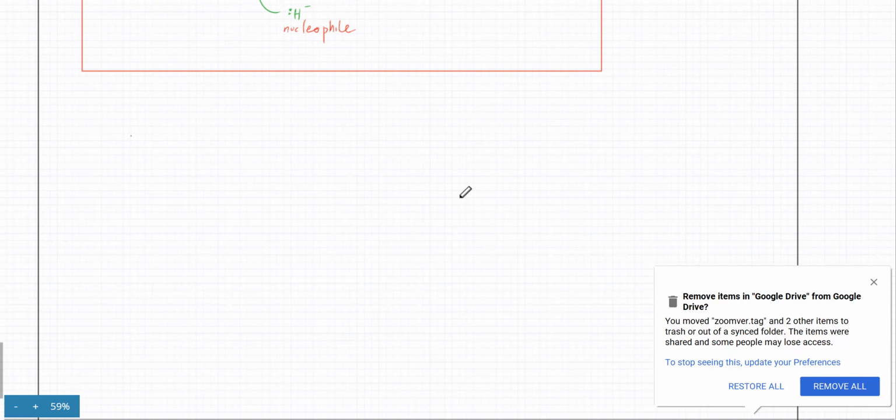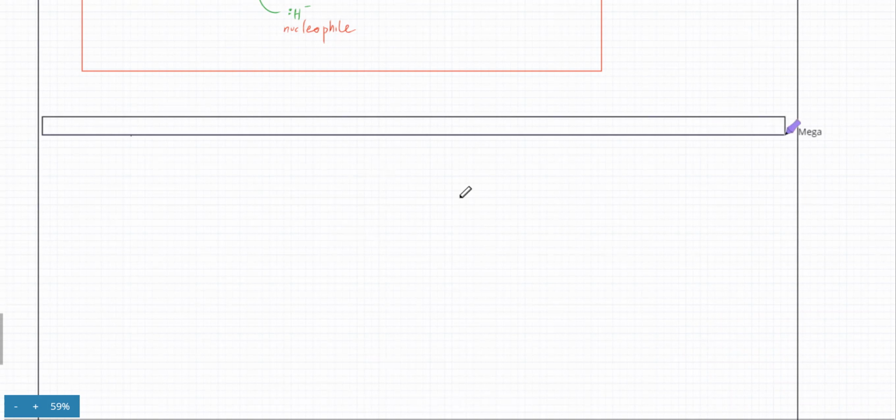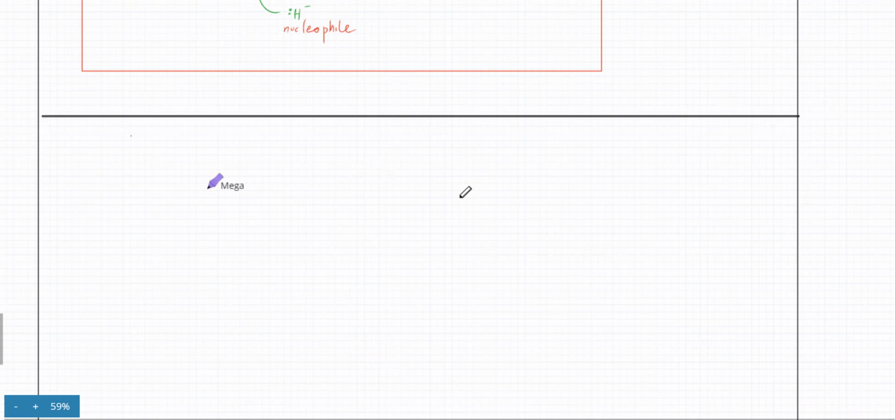Okay, alcohols are very weak, terrible acids, but they are acidic. They are capable of releasing H plus 1 ions. So alcohols are extremely weak acids.